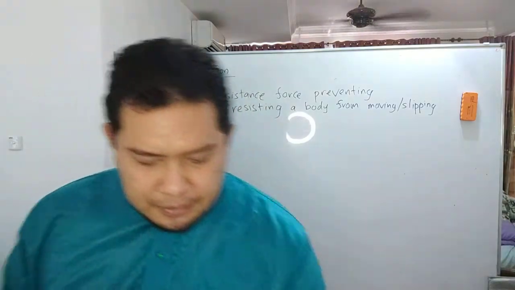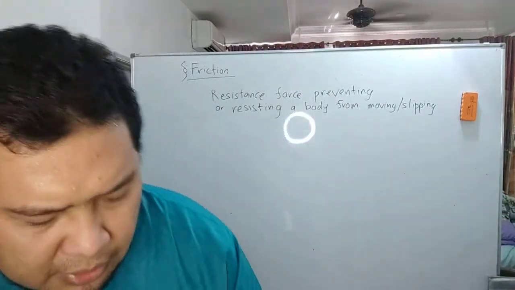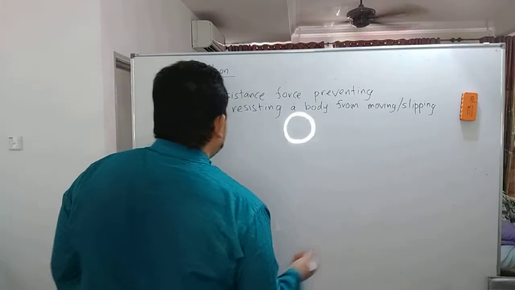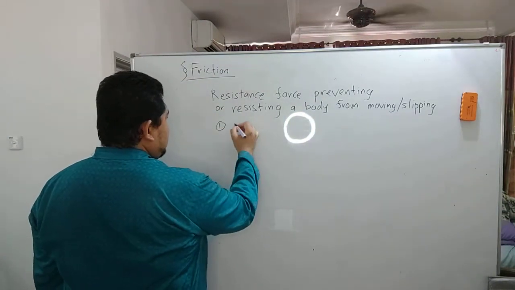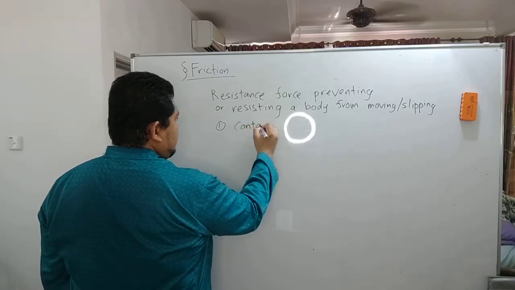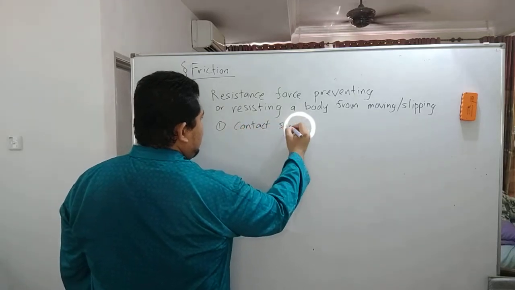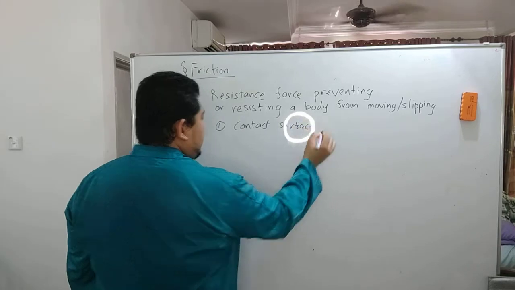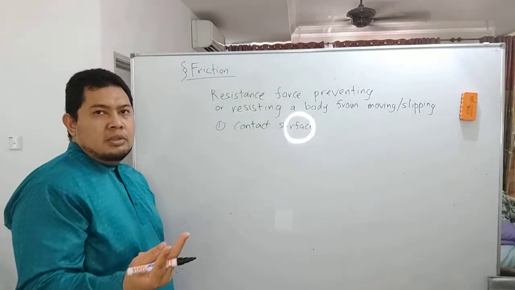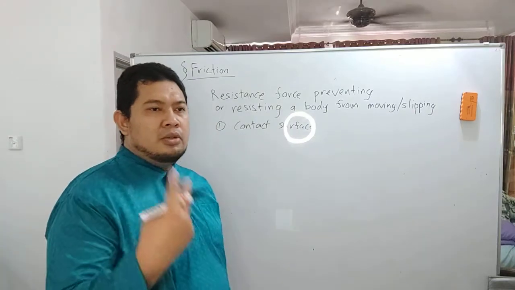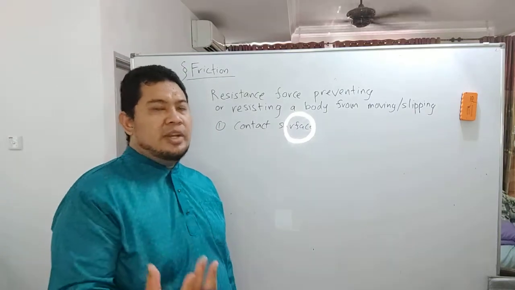from moving. Okay, so the keyword for friction is that you need to have a contact surface. Any kind of friction requires a contact surface, between two dissimilar objects or two similar objects, either one.